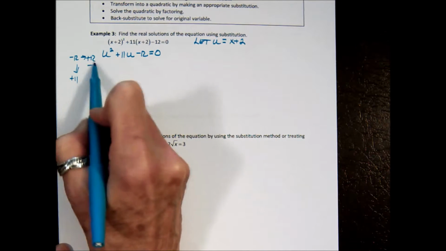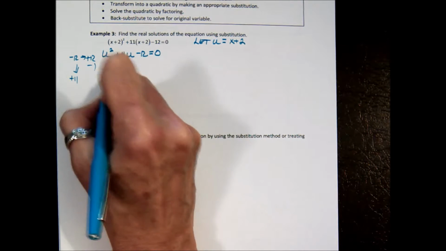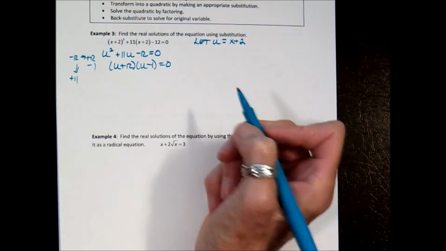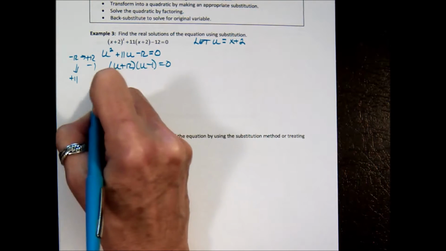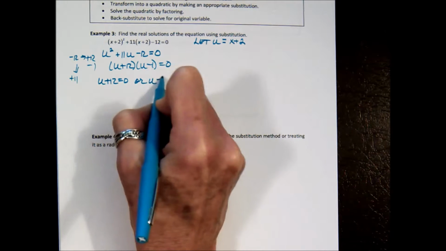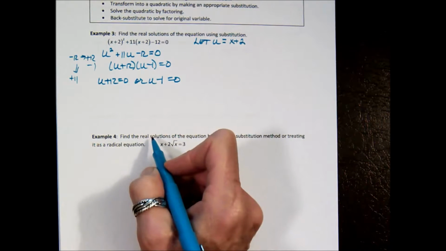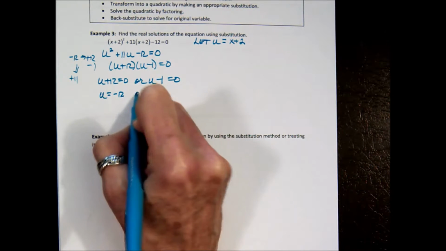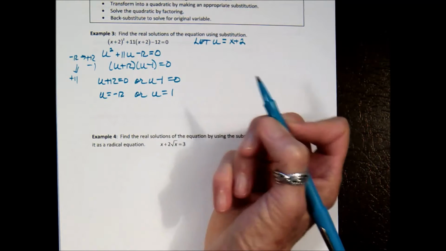Positive 12 and negative 1. So I have u plus 12 times u minus 1 equals 0. Zero factor property: u plus 12 equals 0 or u minus 1 equals 0. Solve those and I get u equals negative 12 or u equals positive 1.